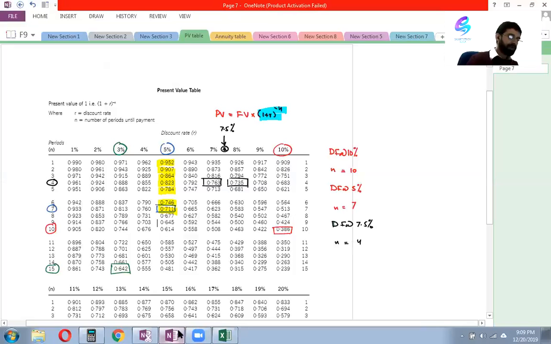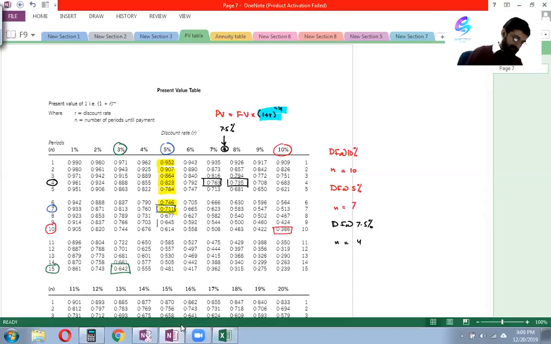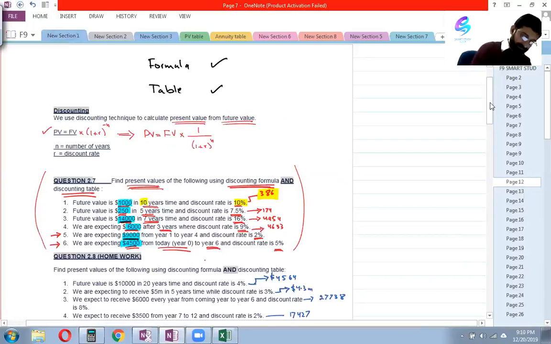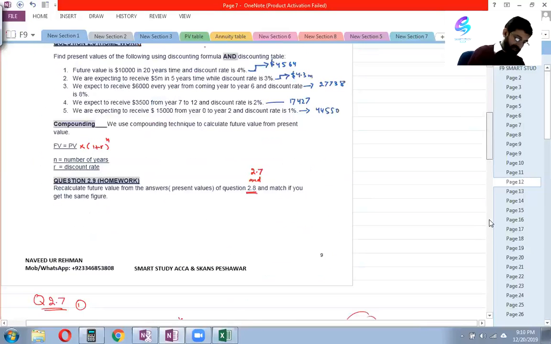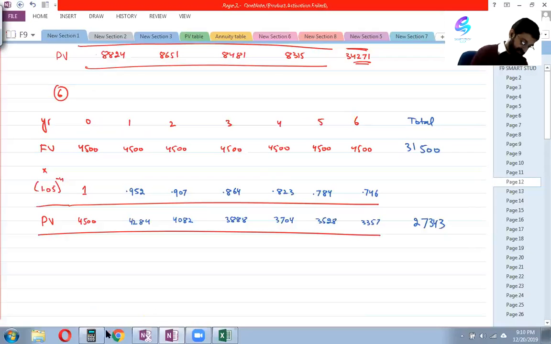Just one last thing, and that is, is there any short way of calculating this, right? Well, sometimes, yes, you'll have the opportunity. For example, the long questions, can you see that? Let's say question number 6.